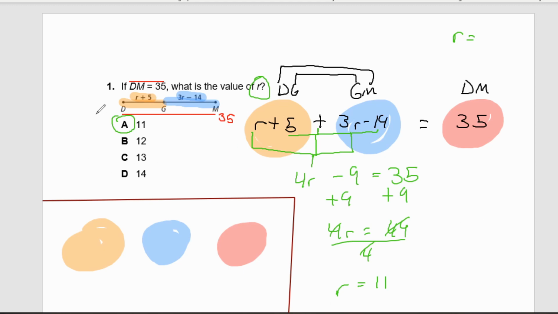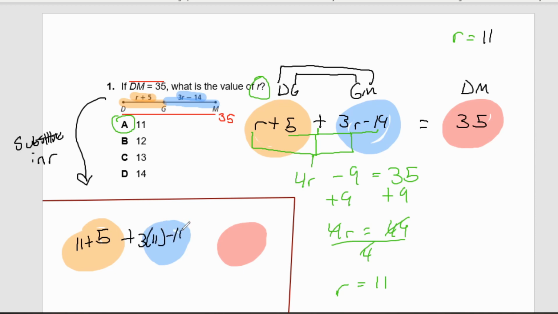So now I'm going to take these values and substitute in R. So I know R is 11. So when I bring this down, I'll have 11 plus 5 plus 3 times 11 minus 14. And if we've done this right for R, we'll get 35.